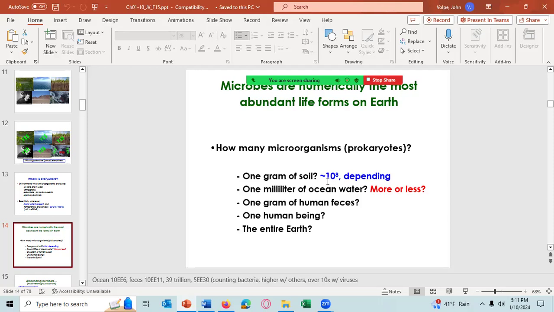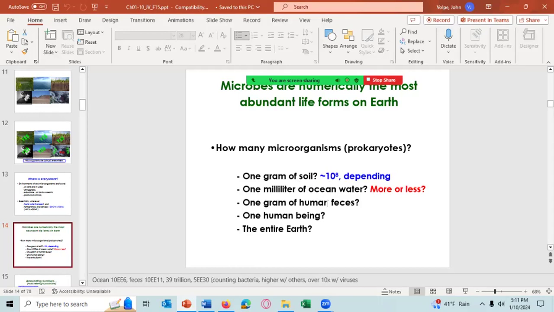More? More is actually incorrect. The ocean water is one of the deserts of the planet Earth, and you'd actually find fewer microbes in 1 gram of ocean water than in 1 gram of your average soil. You only have about 1 times 10 to the 6 microbes in ocean water.